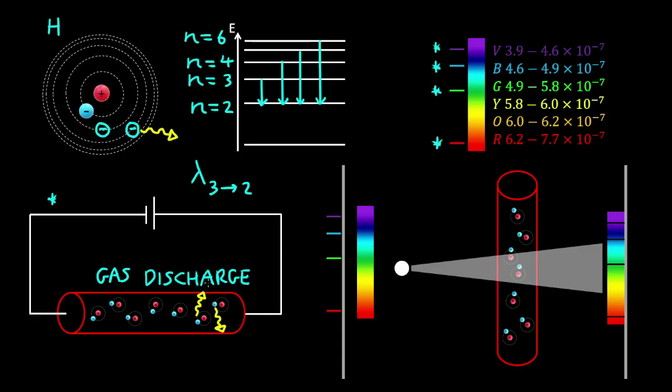And these emitted photons hit a screen. And the wavelengths of light that are emitted correspond to these discrete wavelengths in the visible light spectrum. So we'll only see these wavelengths of light being emitted. So this discrete spectrum is the emission spectrum of hydrogen.